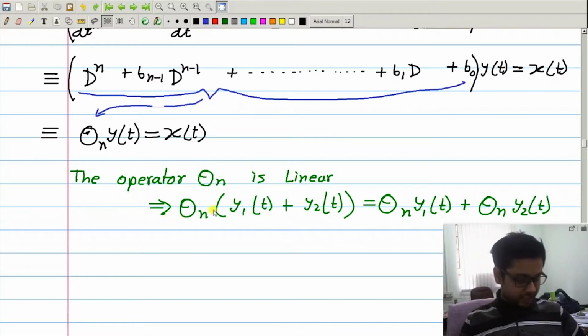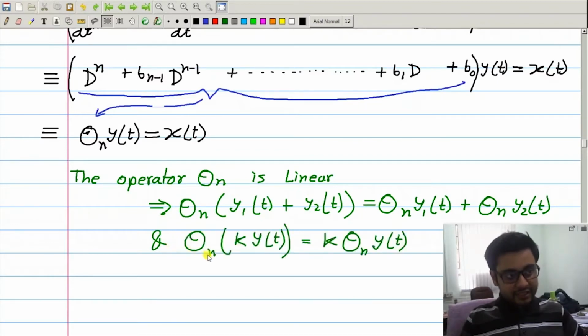And so this is also going to be homogeneous. And I can write O_N acting on k times y is same as k times O_N acting on y.